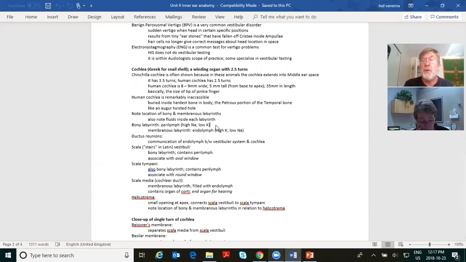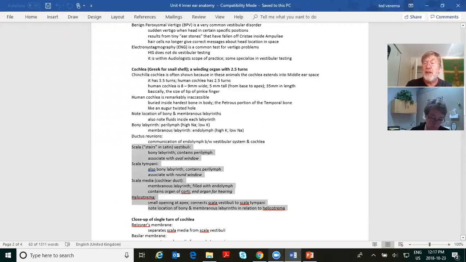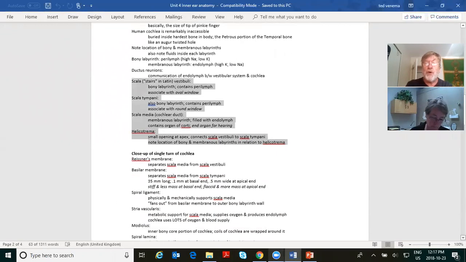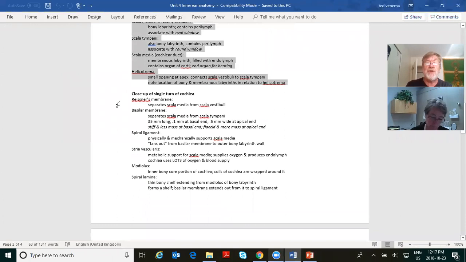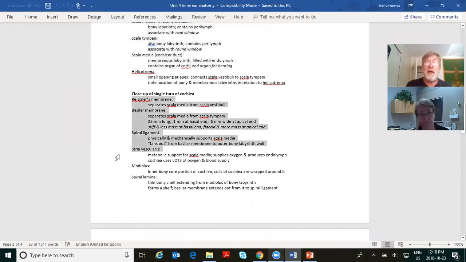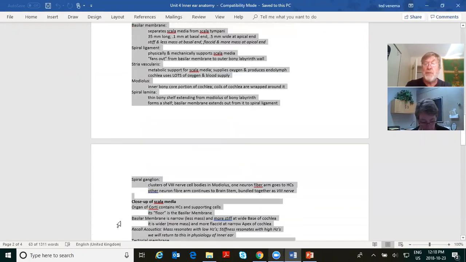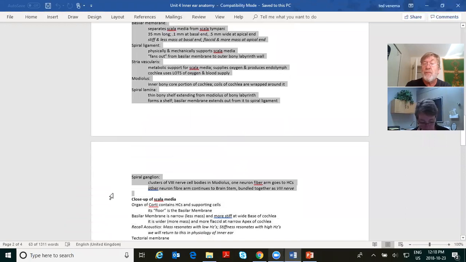That's what you need to know. Don't worry about the Na and the K. Know the scala vestibuli, of course, scala tympani, scala media, helicotrema, obviously. And of course, know these pieces and parts too. Reissner's, basilar, spiral ligament, stria vascularis, modiolus, spiral lamina, spiral ganglia.